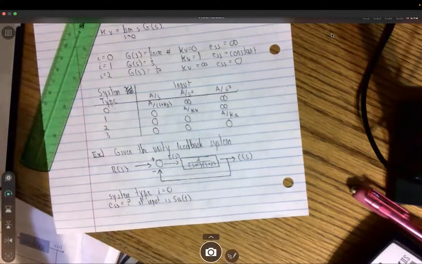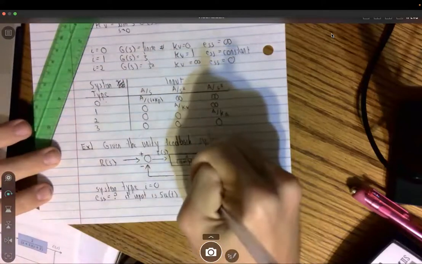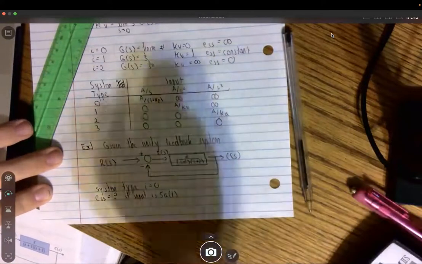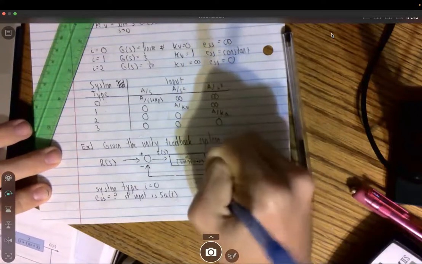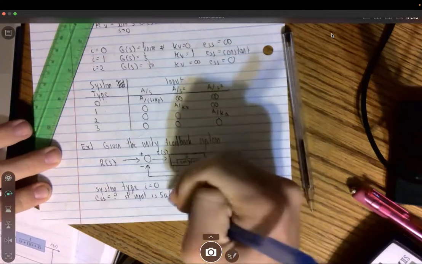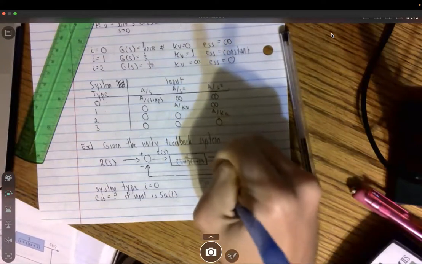So to calculate that, your error steady state is defined as 5 over, because that's the amplitude of your input, 1 plus kp.